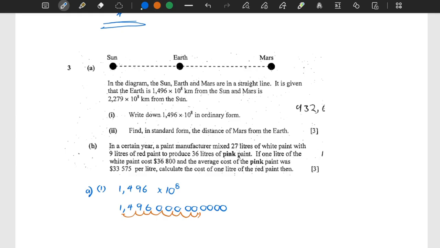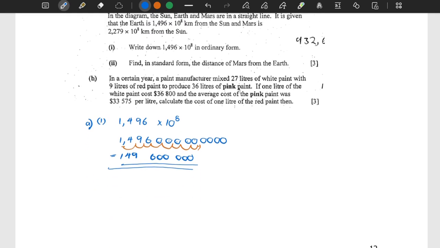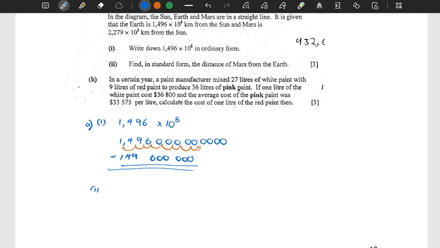So that translates to 149,600,000, because it's going to be 1, 2, 3, 4, 5, 6 zeros. Yes. That's the answer.